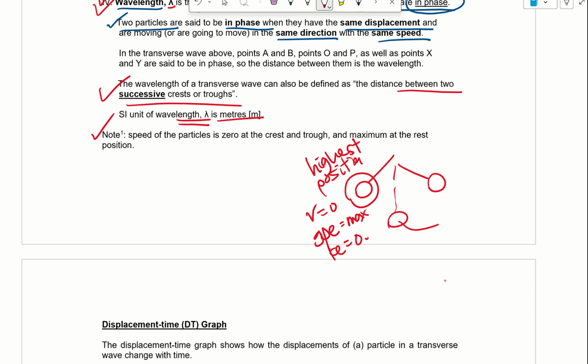But at the rest position, the GPE is actually 0 if this was taken as the reference position, but the KE is max because the v is max.